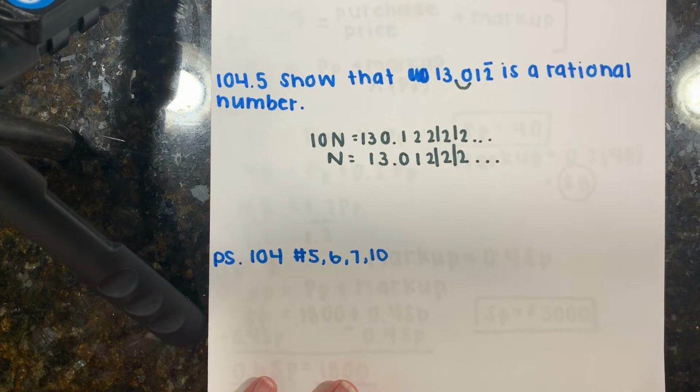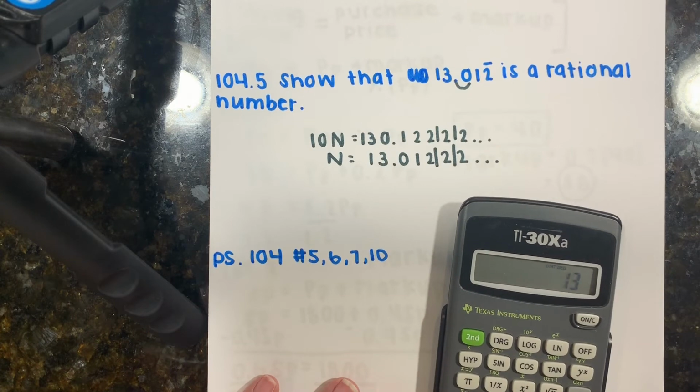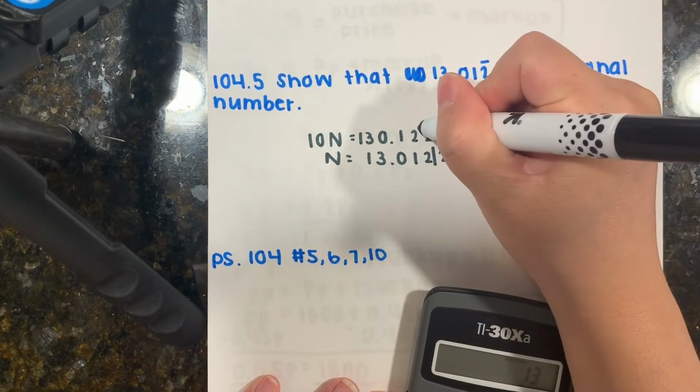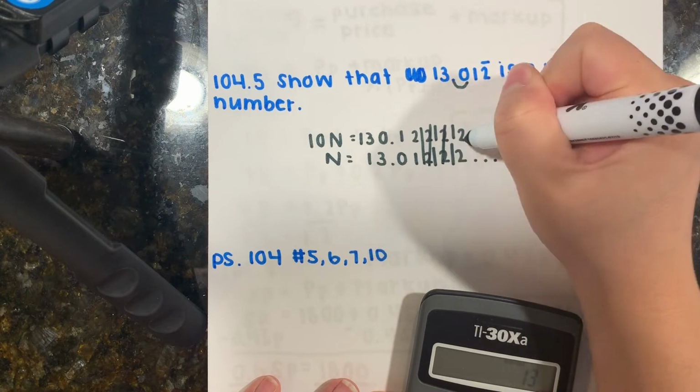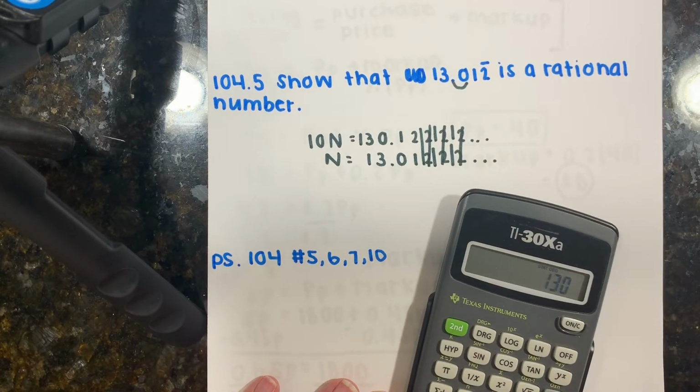And then I would basically get 130.12. So all of these repeating decimals are going to cancel. So I have 130.12 minus 13.01.